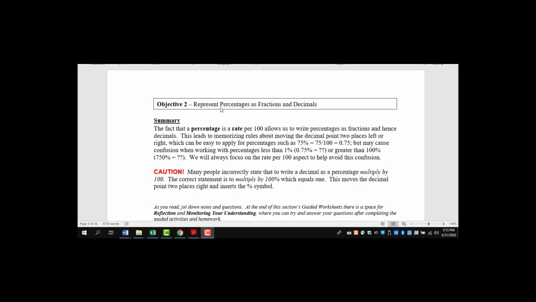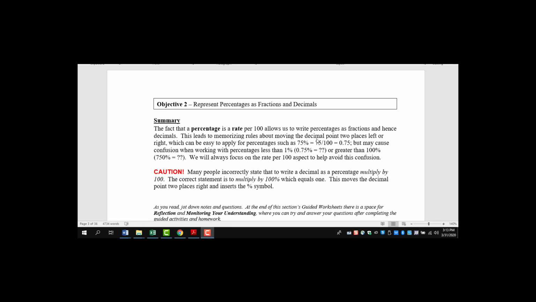And finally, in this chapter, in this section, I'm going to look at percentages and rewrite them as fractions and decimals. A lot of people try to memorize the rules about moving the decimal 2 places to the left or 2 places to the right. But when you get numbers that are less than 1%, like 0.75%, what is that as a decimal?